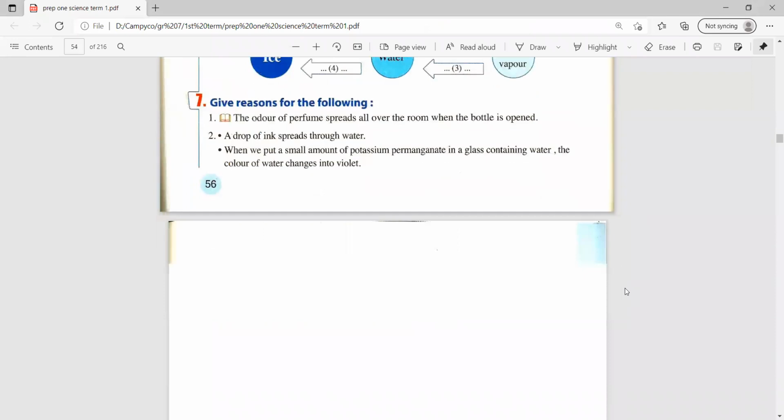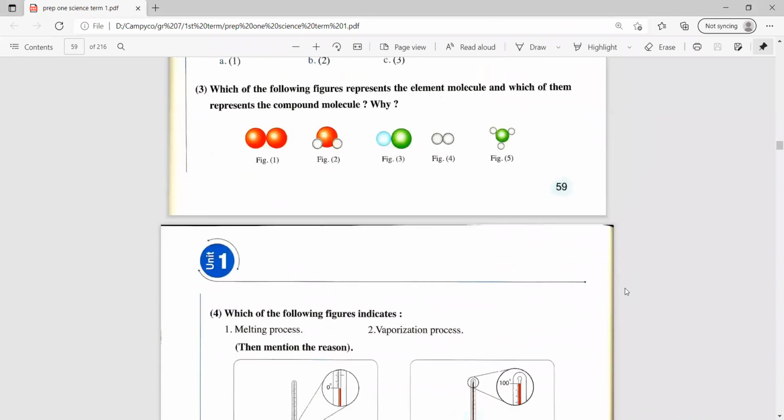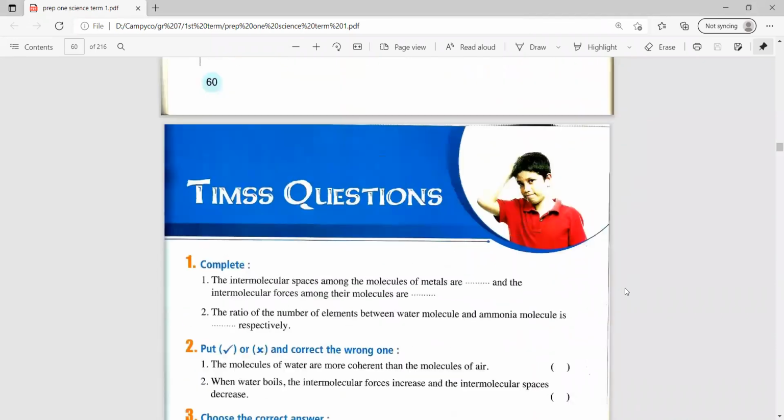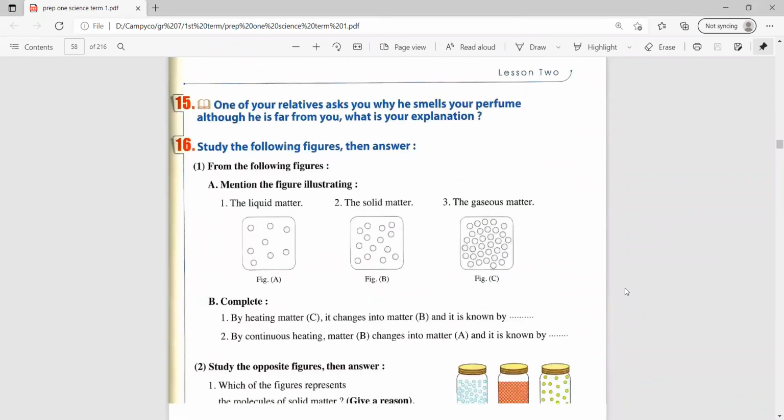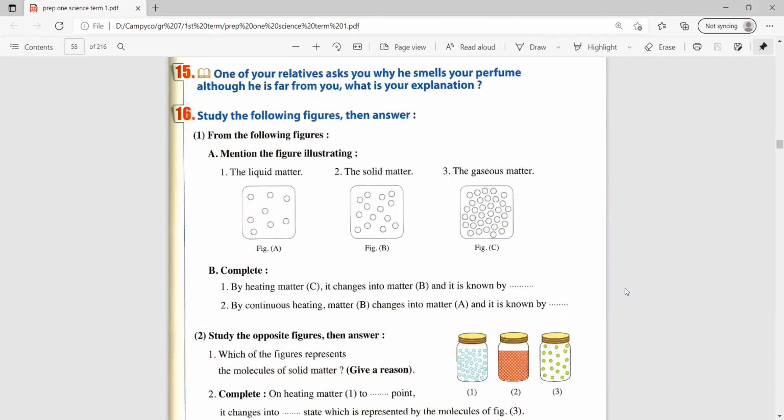Start with the last questions. I believe you didn't make them yet. No. Need like 2 pages.